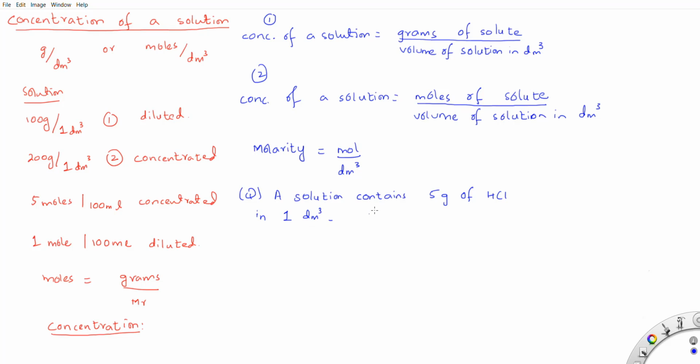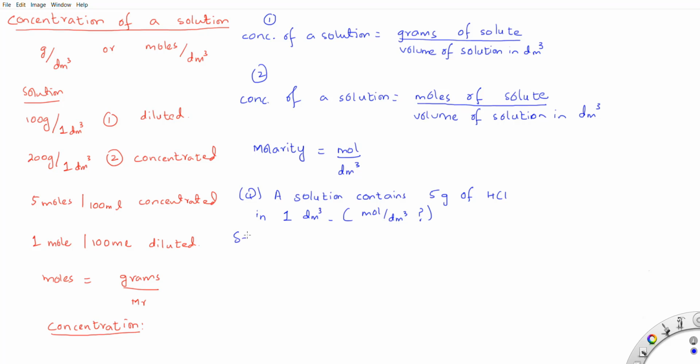So calculate the concentration. The question might be like this: calculate the concentration in moles per liter. So concentration in moles per liter is required. So how can I work this?